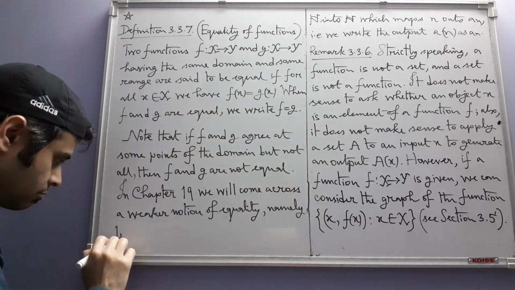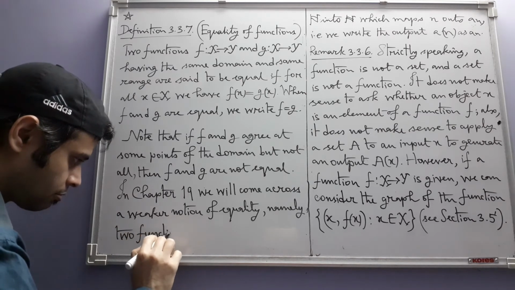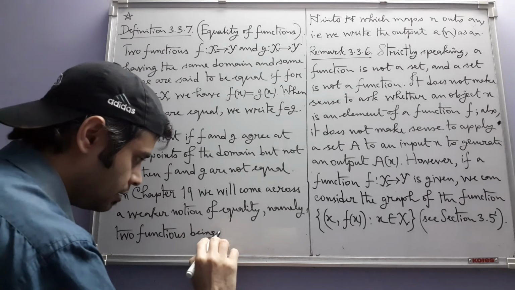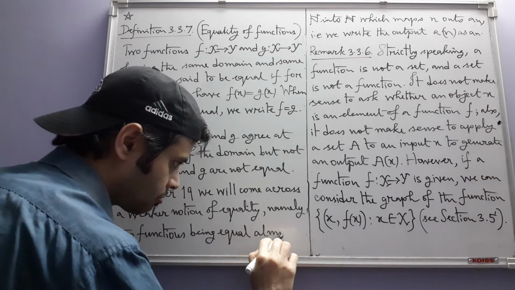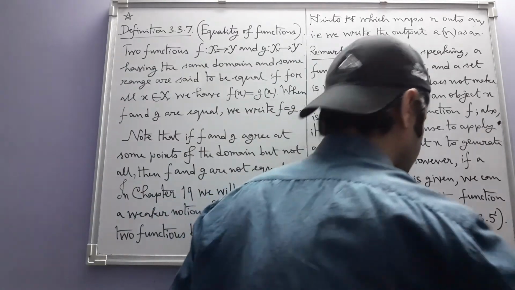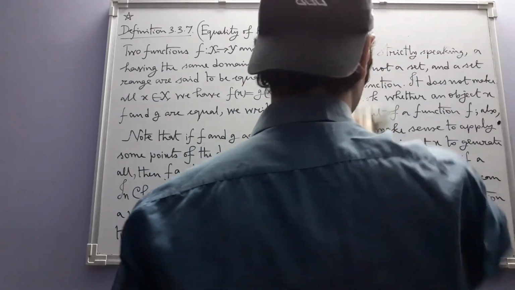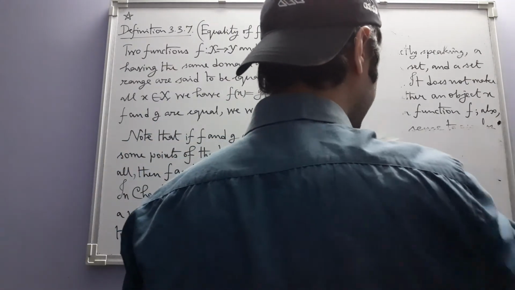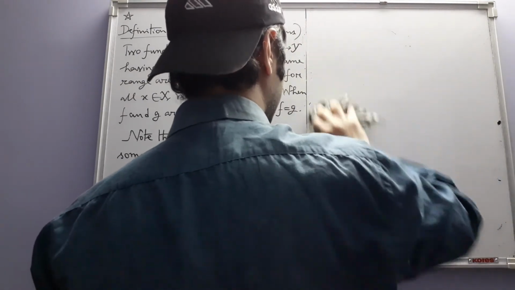Namely, two functions being equal almost everywhere. Almost everywhere means the set of points where the functions are not equal is a set of measure 0.